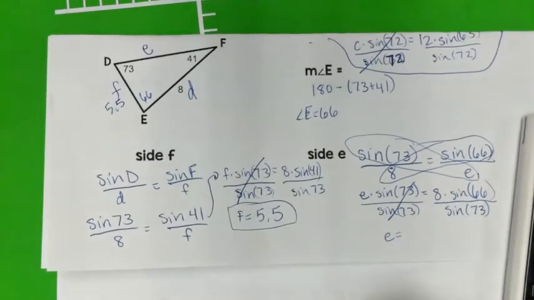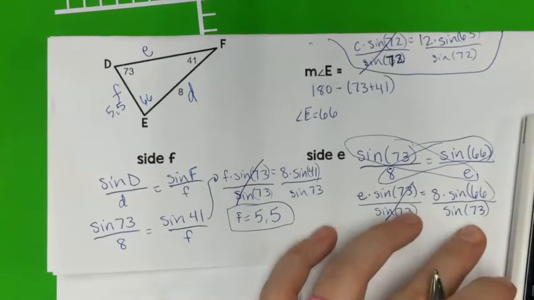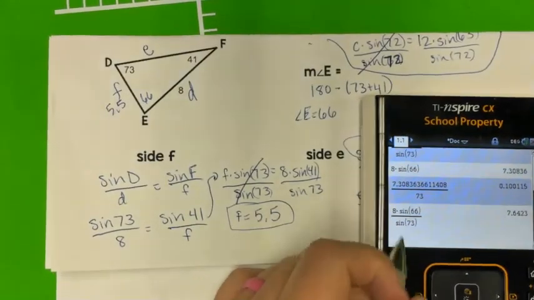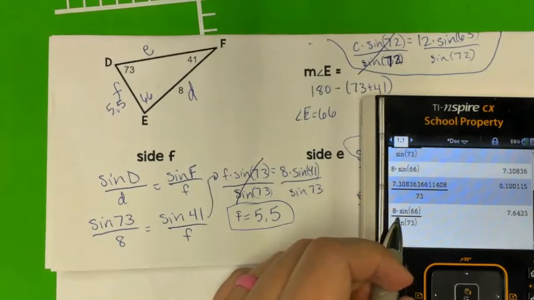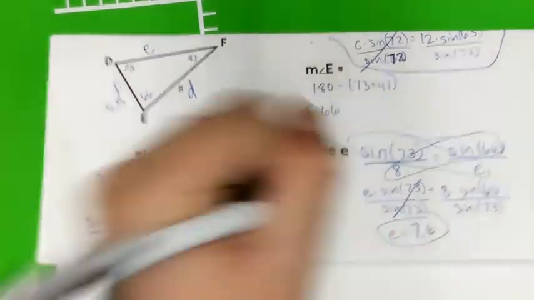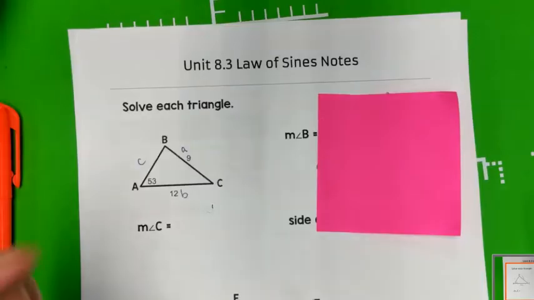Okay, let's try that again. 8 times sine of 66. This calculator does not like me. Divided by sine of 73. There it is. That is 7.6, the value of E.